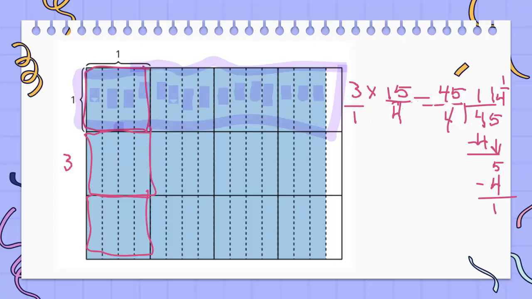Okay? Hopefully one of these strategies will make sense to you. I like this one because it's pretty easy to see the whole, count the wholes on one side length, and just count all of your shaded pieces. Yeah, you might have a big number, like a 3 times 15, but if you just line it up, you can solve that problem, right? 15 times 3, so you can get 45.